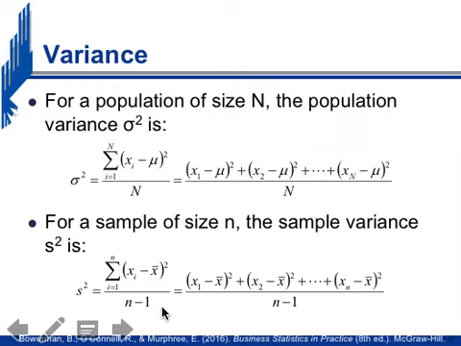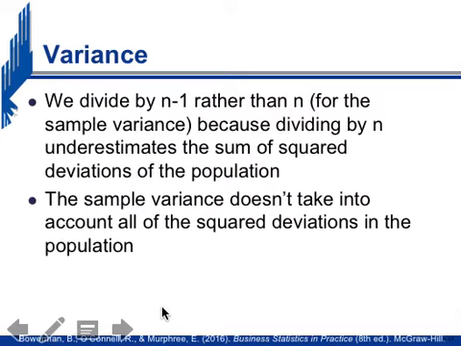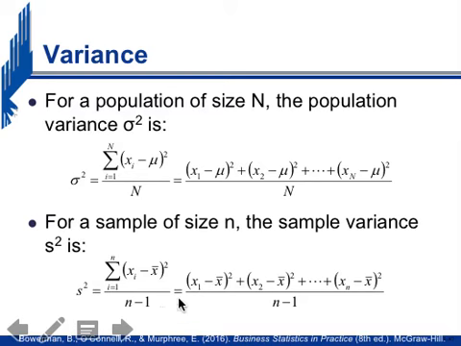Now, why do we have to subtract 1? We divide the sample variance by n minus 1 so that we will overestimate the variance. We know that if we subtract 1 from your denominator, then the denominator decreases and it makes the value of the variance higher.